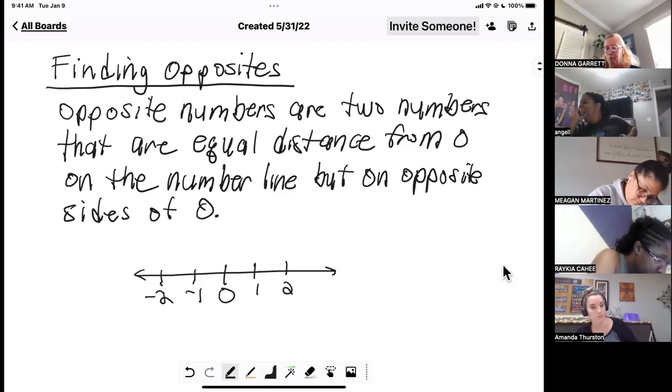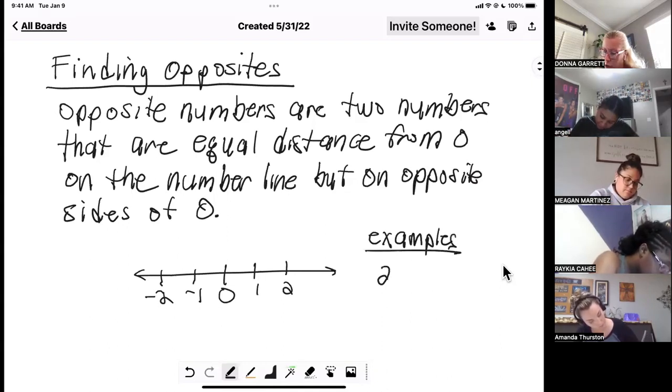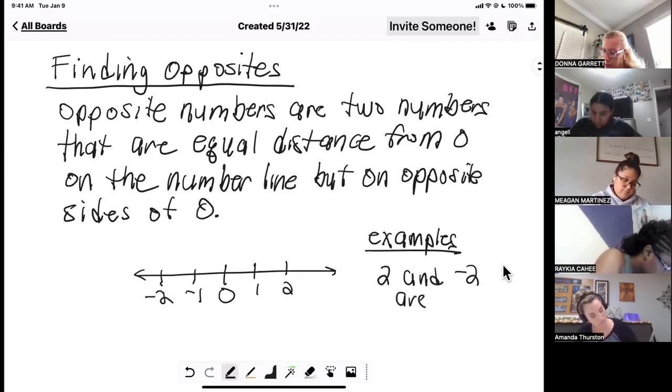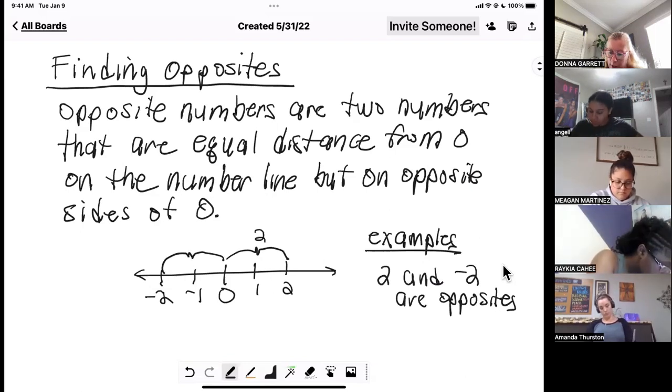that. Okay, so for example, 2 and -2 are opposites. That's because they both are a distance of 2 on a number line from 0.